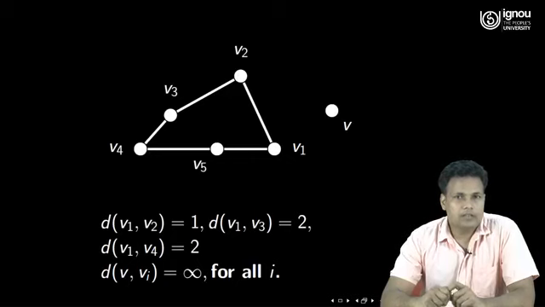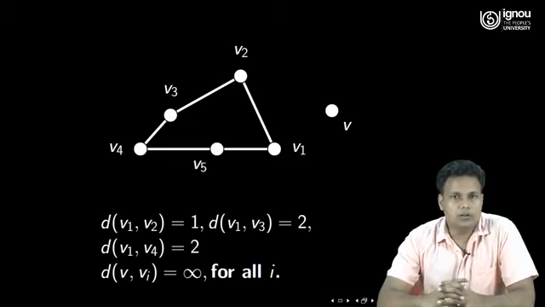Similarly, we can see that the distance between v1 and v3 is 2, because the shortest path from v1 to v3 is the path v1, v2 and v3. This is the distance between v1 and v3.